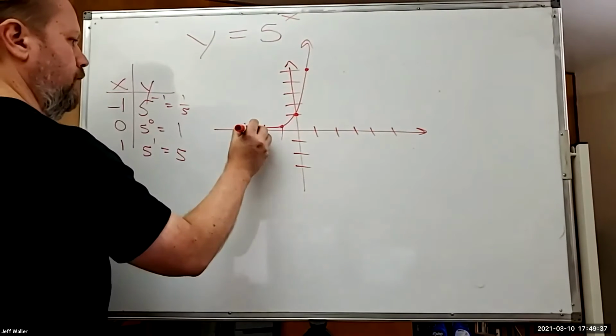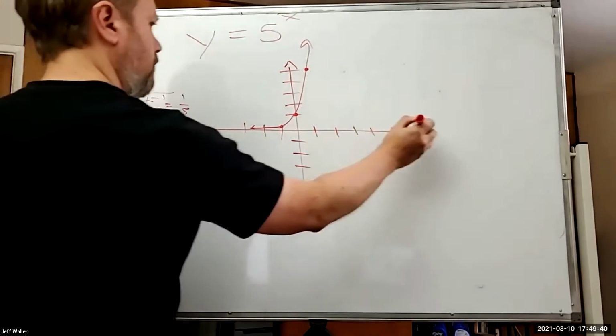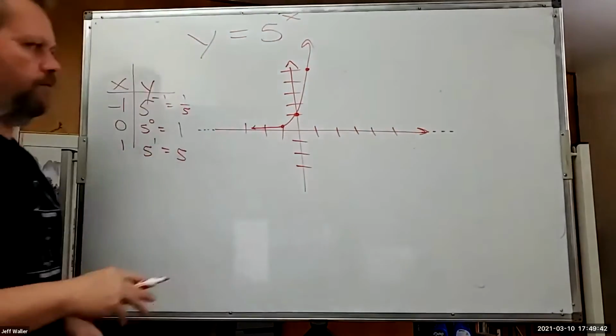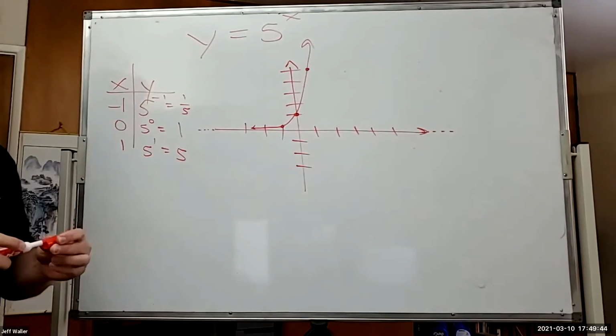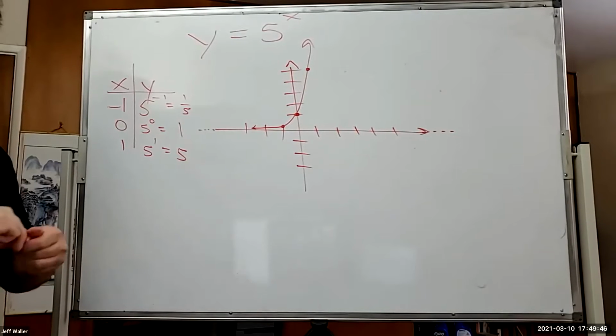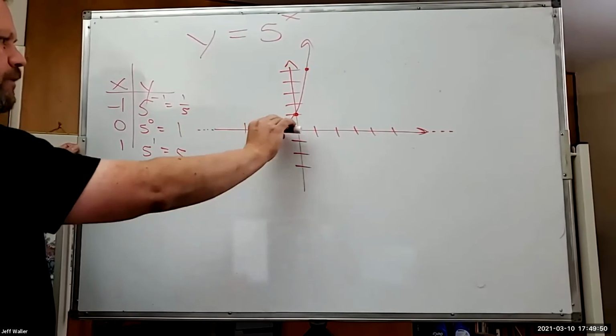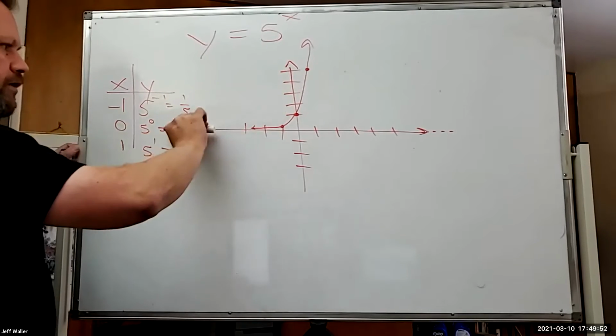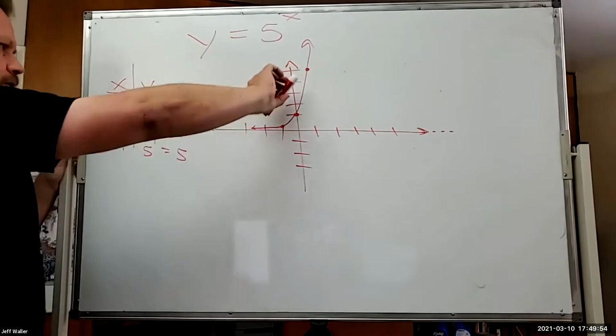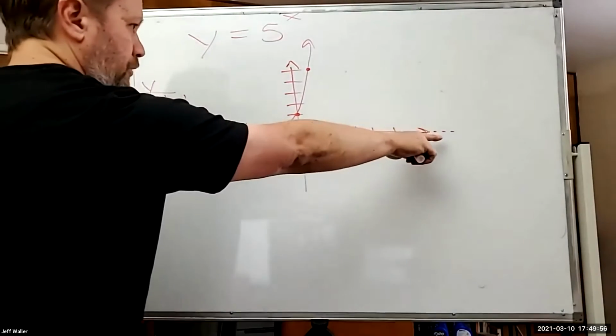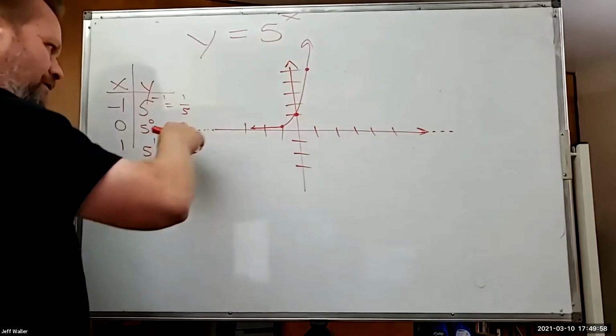And it's got an asymptote right there. And this is our first example of a one-sided asymptote. Do you see what I mean by that? It's only approaching it going this way. It never approaches it on the other side. It's just down here.